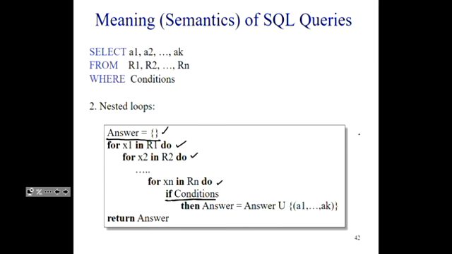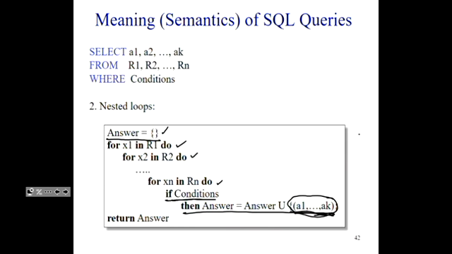And if it does, then the answer gets expanded. You add a tuple to the answer, but in the answer you only subselect the attributes that are listed in the select clause. So you only subselect A1 through AK of all attributes that are relevant in these tuples.